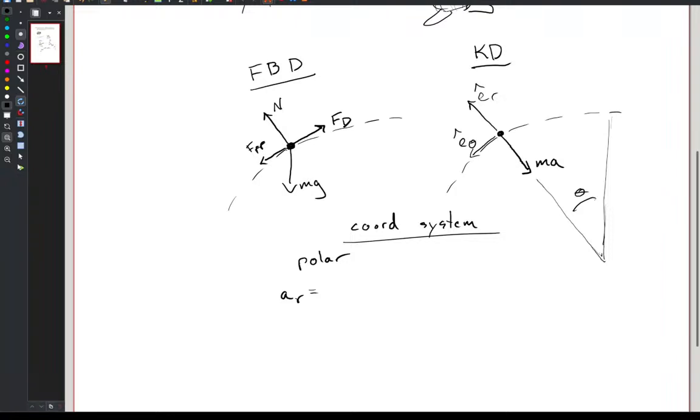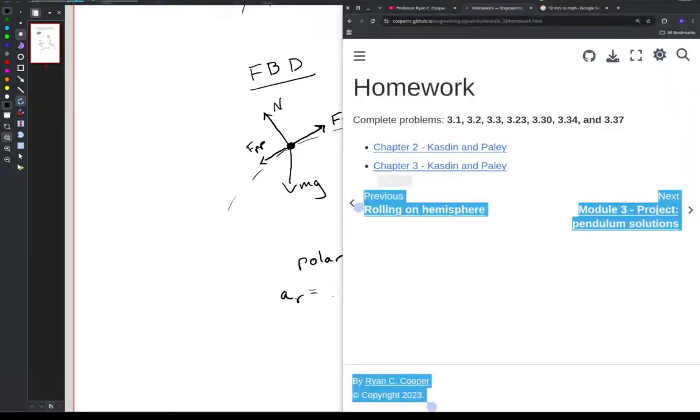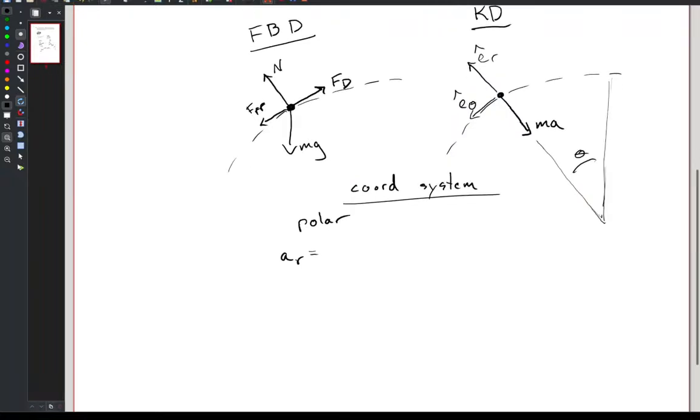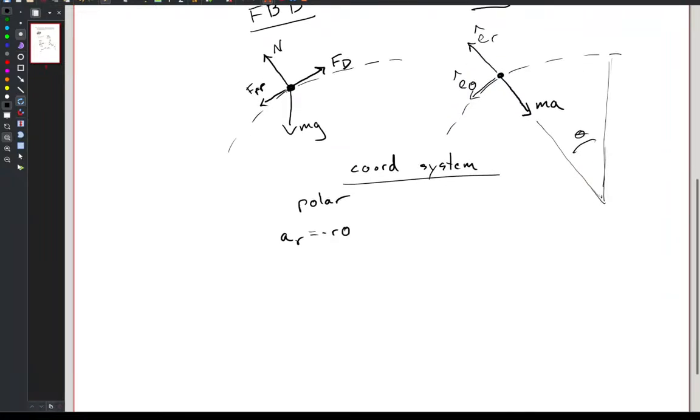And in that case, I can say AR is R double dot, which is 0, but minus R theta dot squared. A theta is like R theta double dot and 2 R dot theta dot.